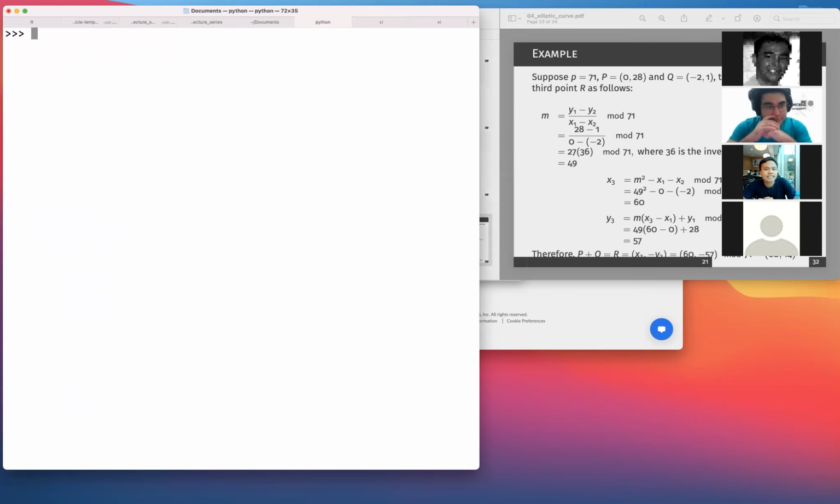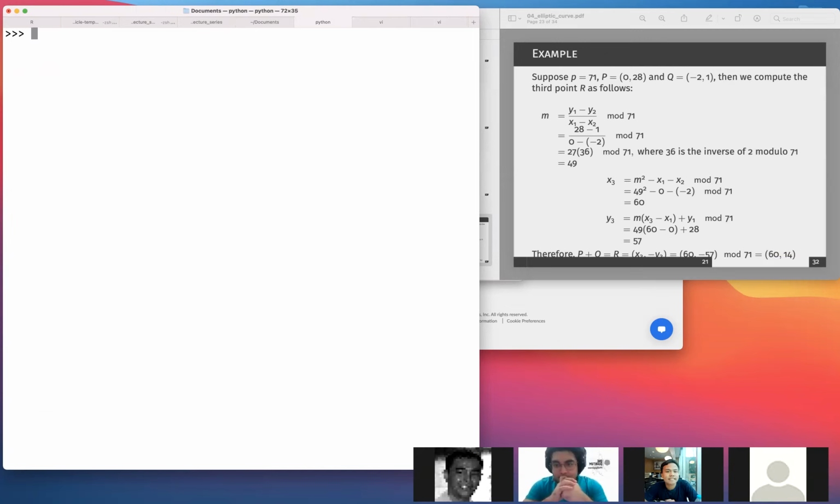Okay, so we have x1 equal to 0 and y1 equal to 28, and x2 equal to -2, and y2 equal to 1.